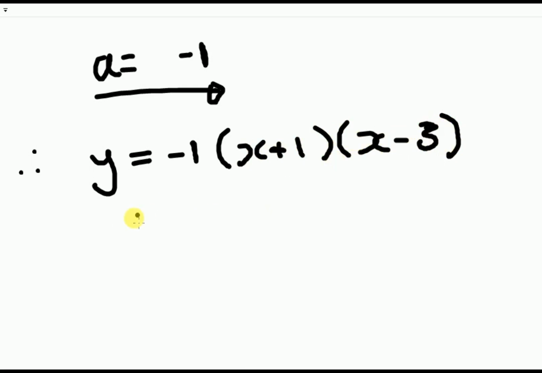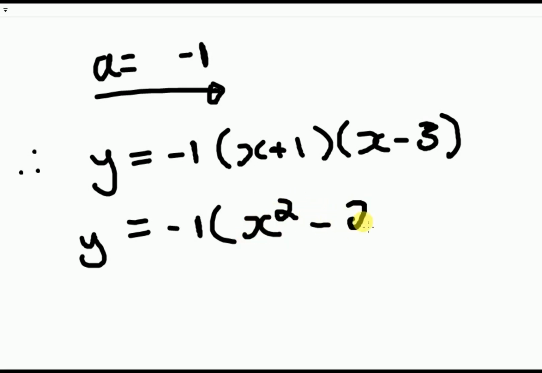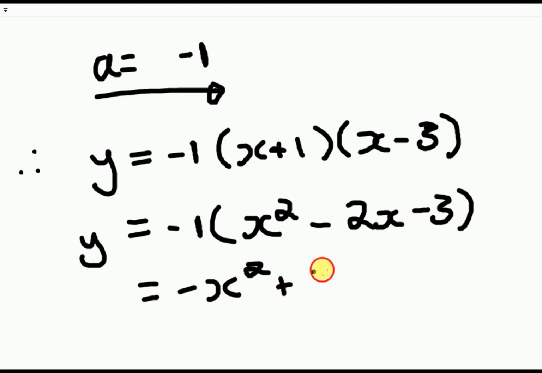That gives us minus 1 open bracket x squared minus 2x minus 3, which gives minus x squared plus 2x plus 3 is equal to y.